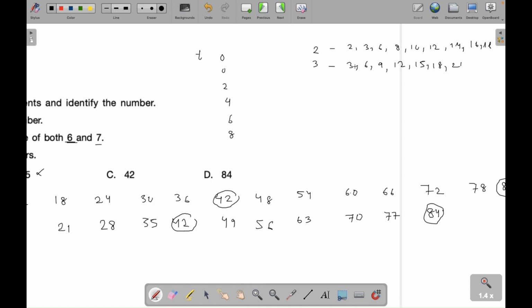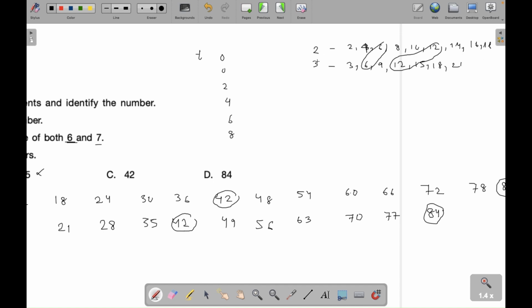You can see that 6 is one common multiple of 2 and 3. Then 12 is one common multiple of 2 and 3. Then 18 is another common multiple of 2 and 3. The list goes on and on. So you multiply 6 with 2, 12, 6 with 3, 18, then 6 with 4, 24.